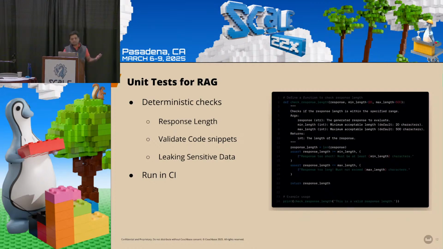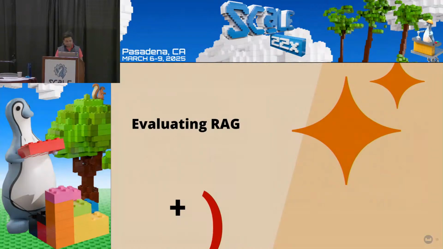This is something you can run in your CI, like traditional software engineering, with each change that you make to your RAG to ensure that you are not breaking the system. So that's one of the initial steps that you can do.